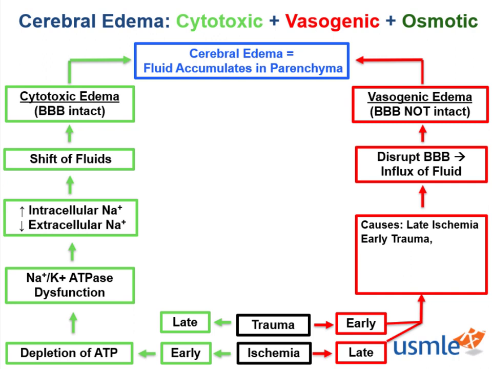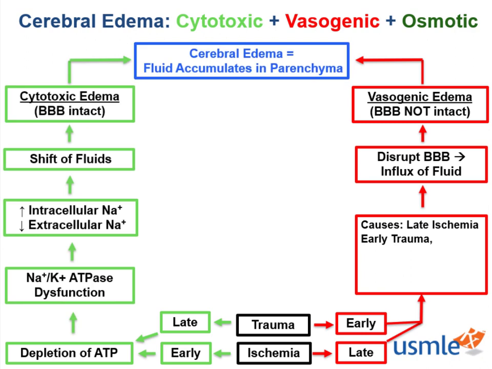This sets in motion ischemia, a lack of oxygen, and, subsequently, a depletion of ATP. Additionally, the ruptured cells in the early phase of trauma lead to the release of various mediators that eventually cause shifts in ionic distributions, with sodium building up intracellularly. With depletion of ATP and ionic shifts of fluids, cytotoxic edema occurs in the late phase of a traumatic brain injury.